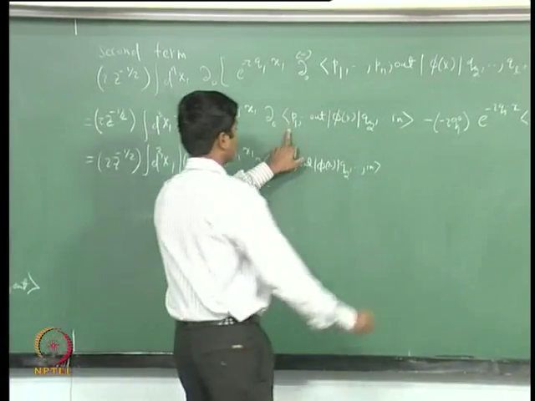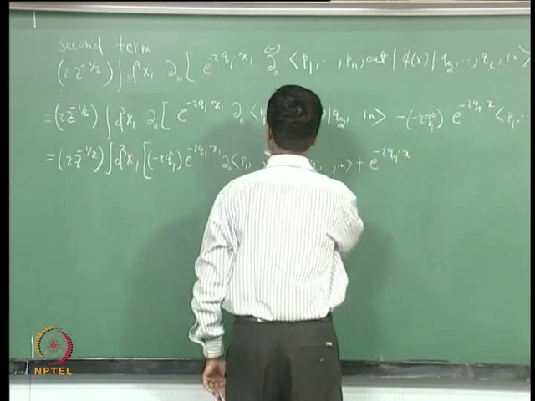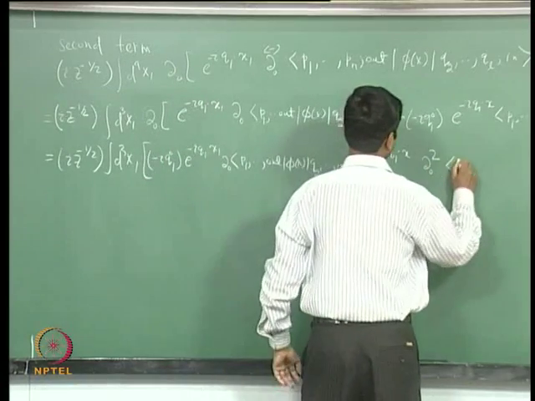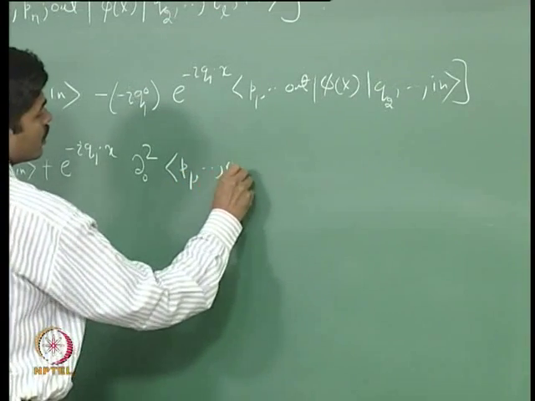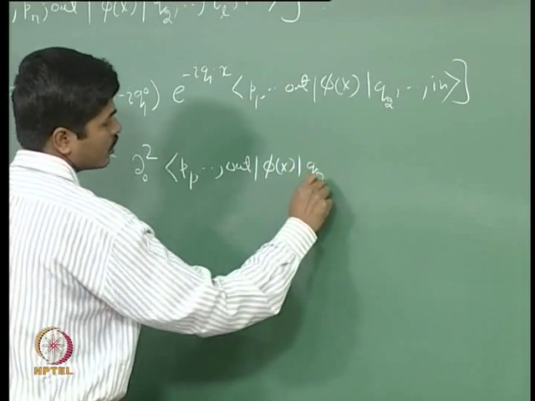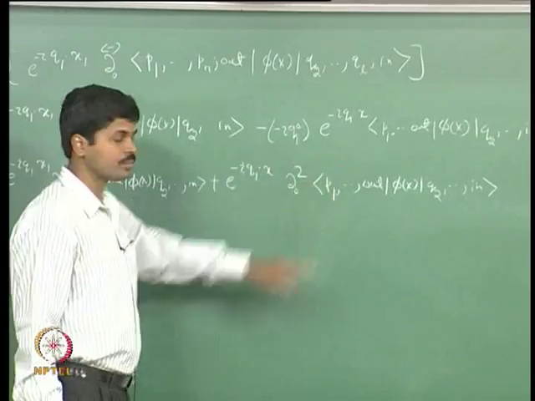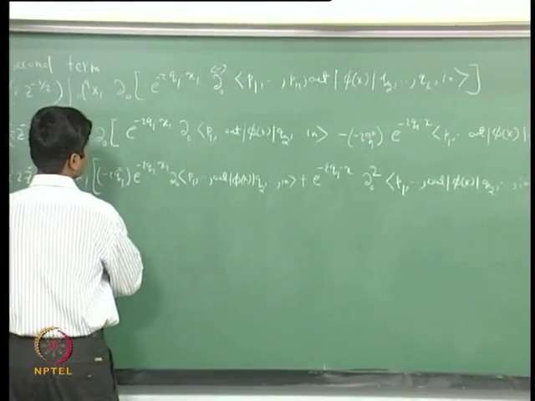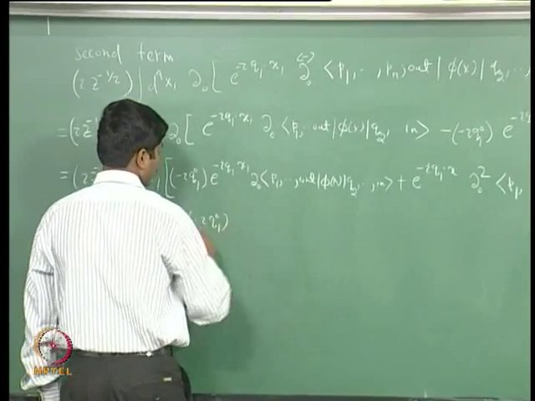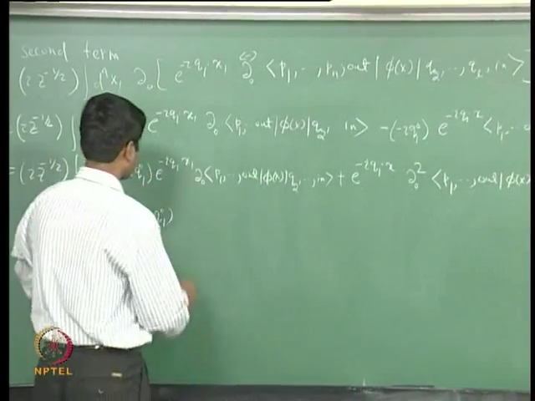then what I will get is plus e^(-i q_1·x) ∂_0^2 acting on this, ⟨p_1 ... out| φ(x) |q_2 ... in⟩. Then I have the second term. So, what I will get is -i q_1^0, and ∂_0 acting on this will give another factor same as that.